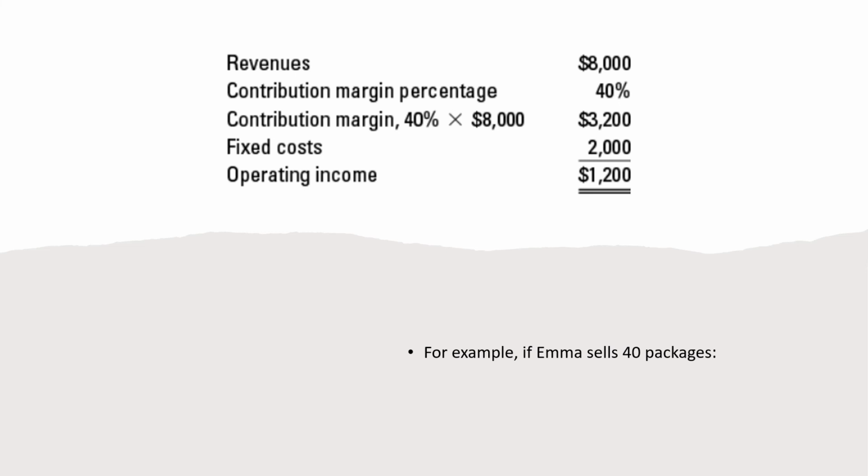Our actual contribution margin is $3,200, our fixed cost is $2,000, and our operating income is $1,200. Just doing regular math, if you have any of that information, you can figure out the other numbers, but you want to know this to understand how the business operates.